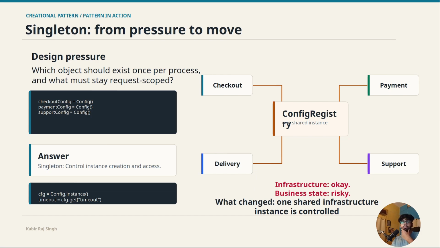It is mostly about lifetime control and not convenient access. This distinction actually matters because, for example, in this order system, you have three separate types of configs. These may genuinely be one shared infrastructure, for example checkout, payment, and support.